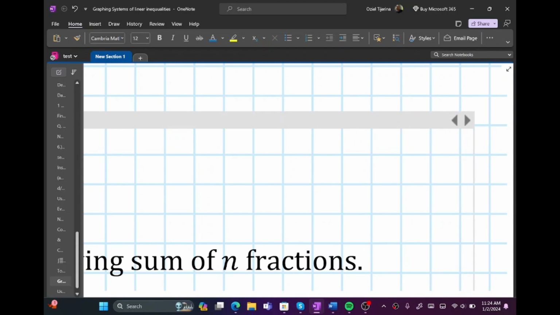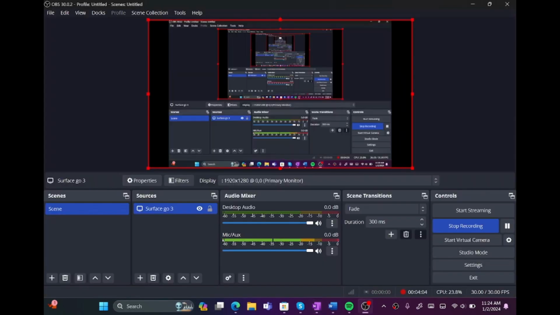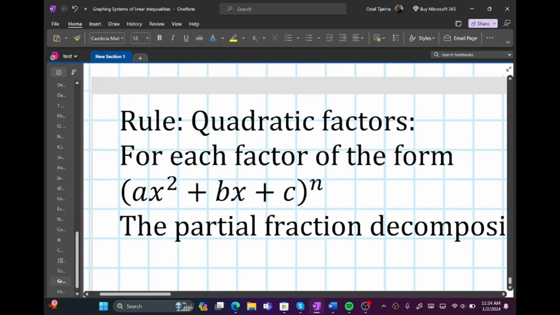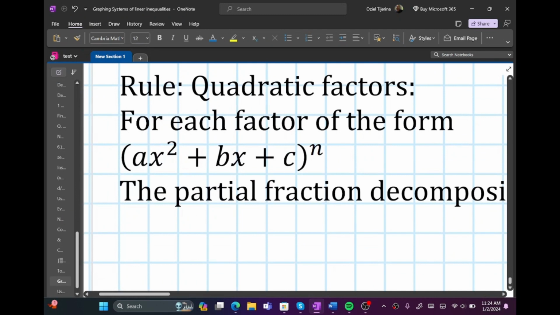So here, we want to go ahead and use the following formula, and it's going to be like this.